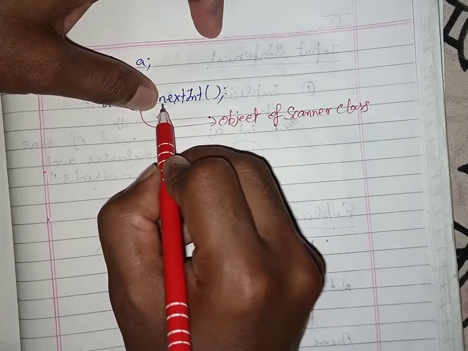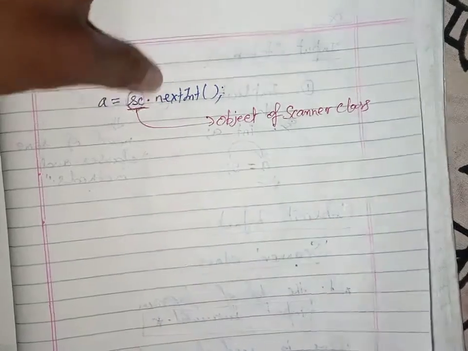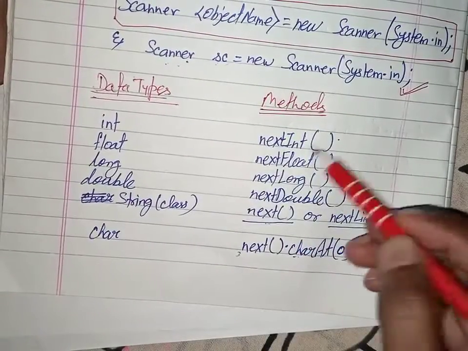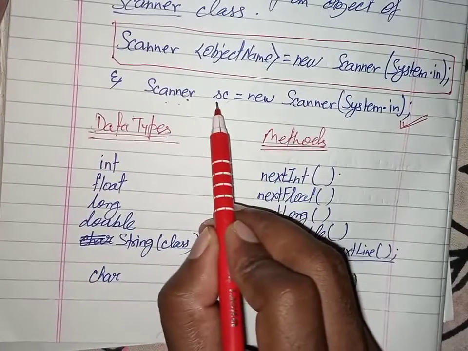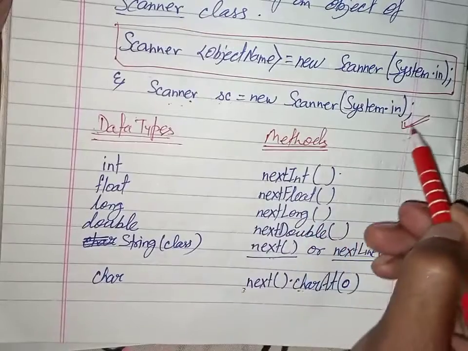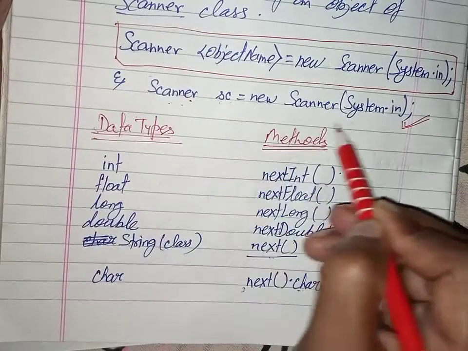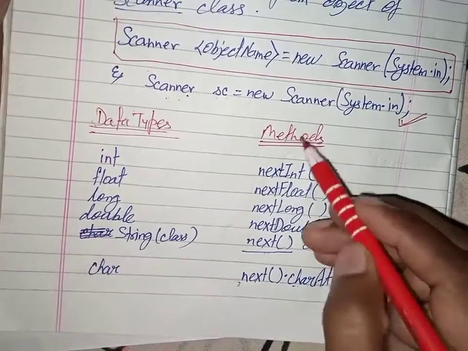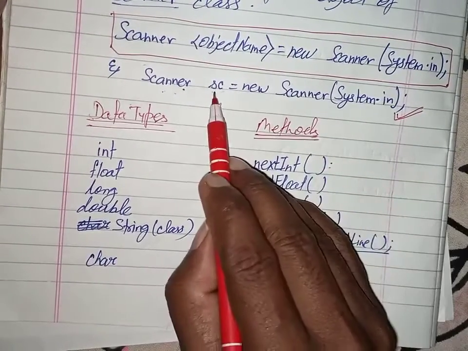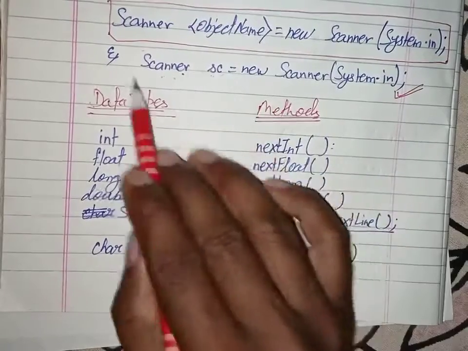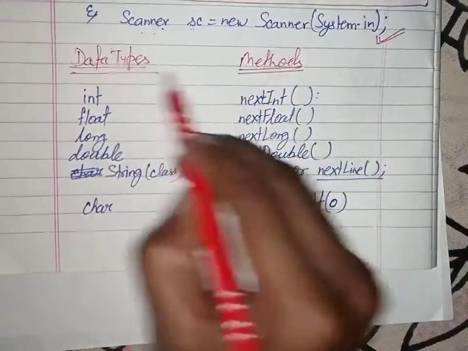If you want to use all these methods, then there is need of this object. You have to write this syntax in your program once. It is not like for each method there is need to write this statement.